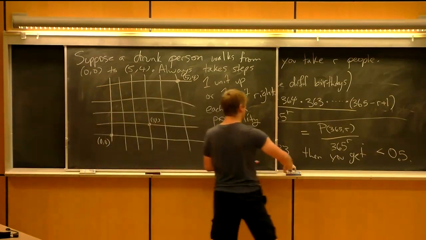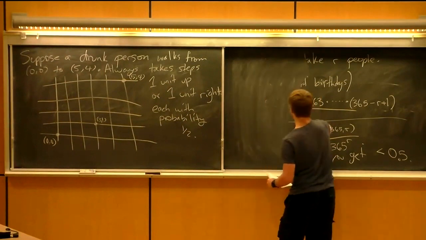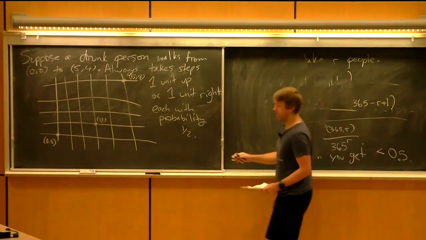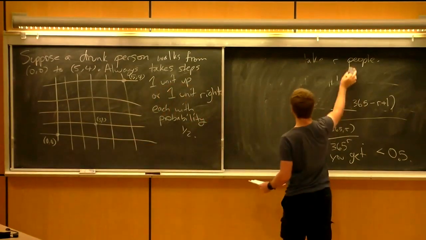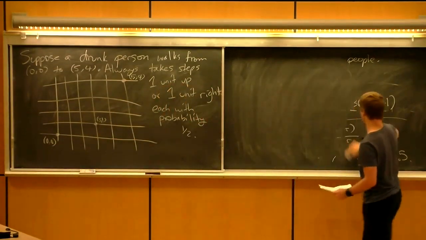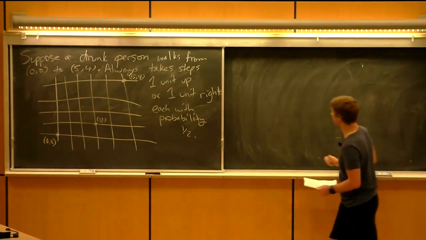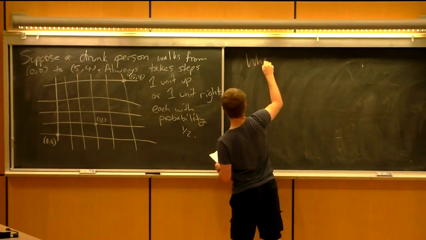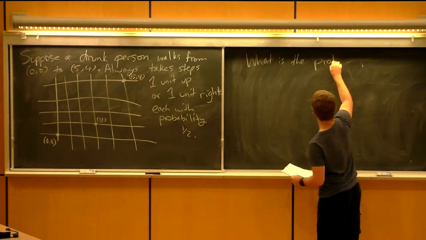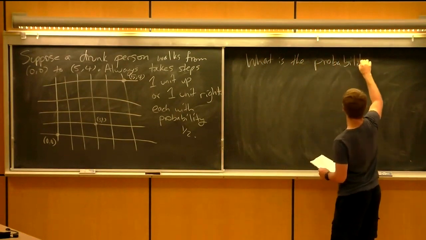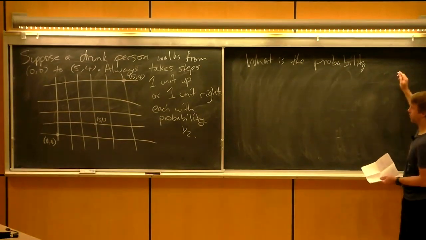So now my question is, what's the probability that their walk goes through the point 3, 1? What's the probability that the walk passes through the point 3, 1?